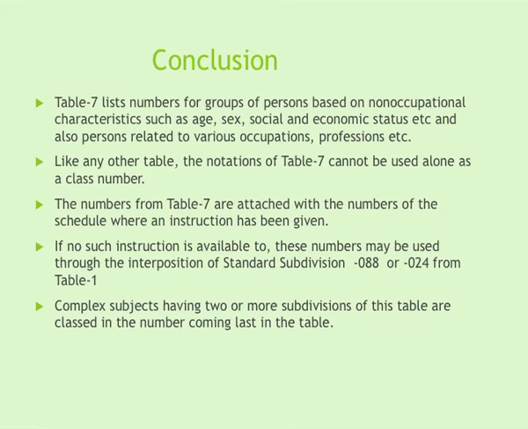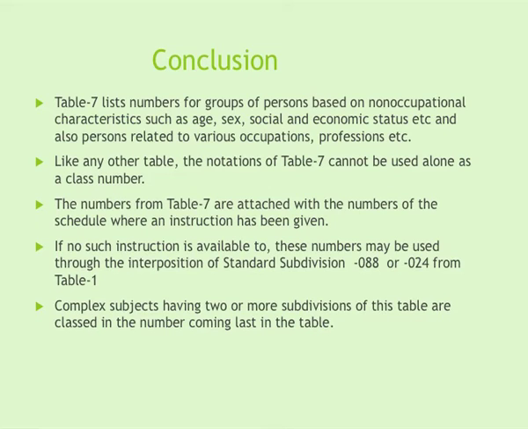So, there are 2 types of groups of persons. Secondly, like any other table, the numbers of table 7 cannot be used alone; they can only be added to the basic subject numbers given in the schedules.